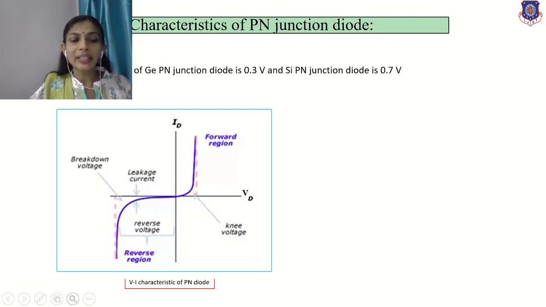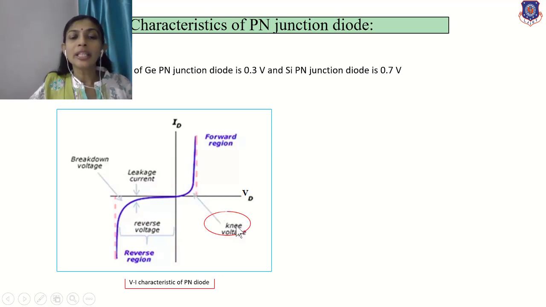So this is the VI characteristic of the PN junction diode. The most important definitions from the VI characteristic are the knee voltage and the leakage current. Knee voltage is defined in the forward region, in the first quadrant, and leakage current is defined in the reverse region, in the third quadrant.